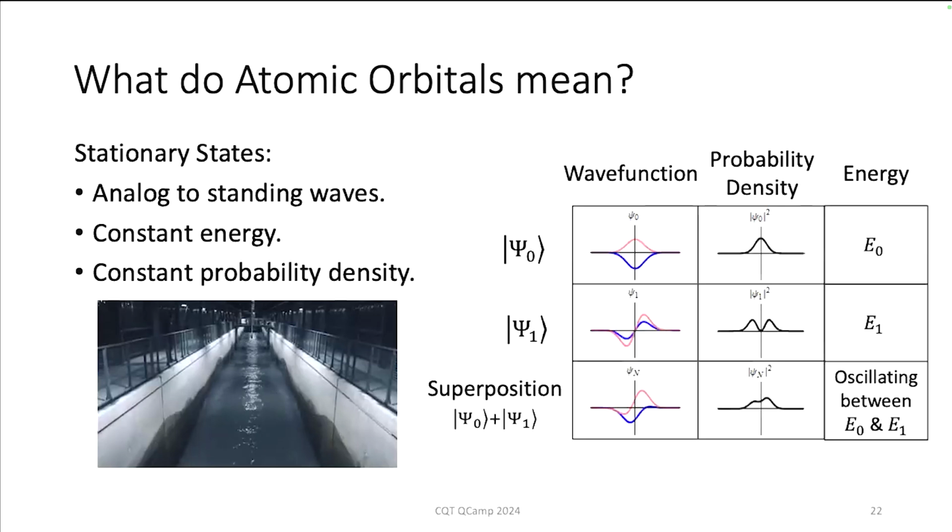So this one is no longer a stationary state. And then the energy oscillates between these two. So this is what we meant. In this case, we can think of these as eigenstates. For an atom, these will be the atomic orbitals.